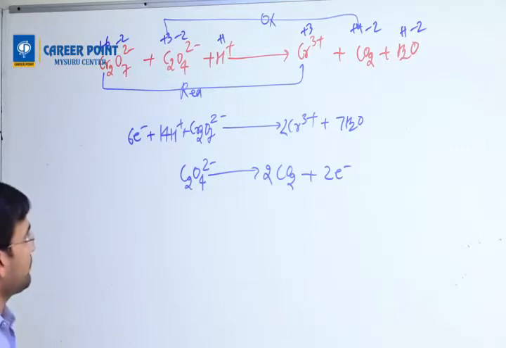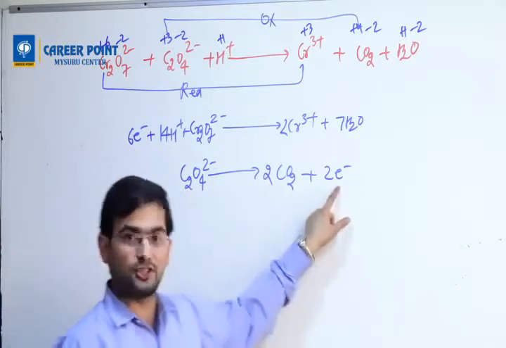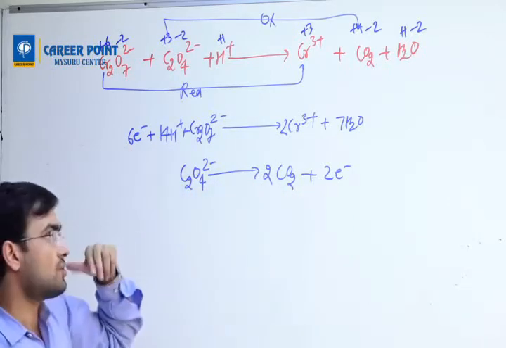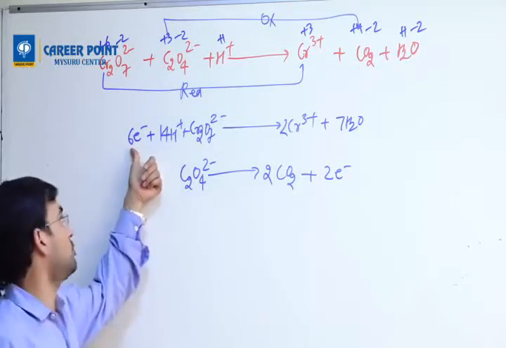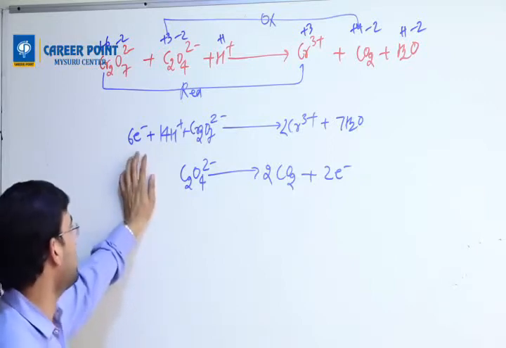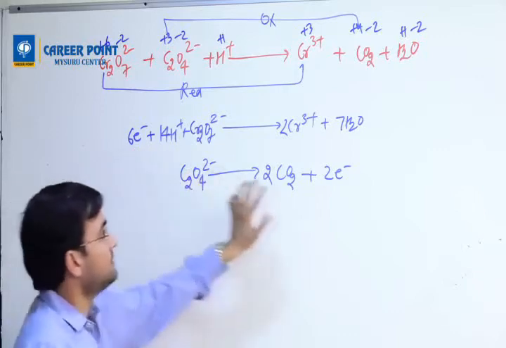Now you see how. Right now this is 6, this is 2. The next thing is I have to balance it. I should not balance it with extra electrons. Here there is a 6, there is a 2.